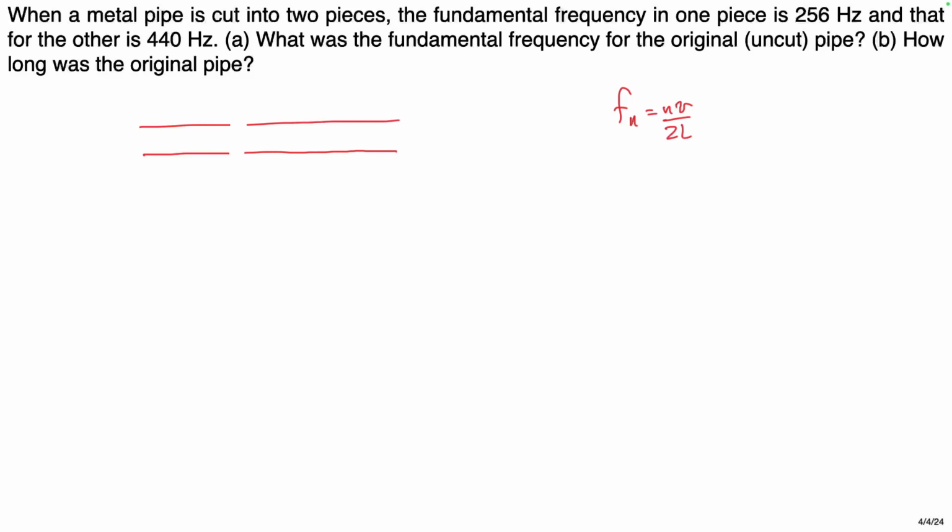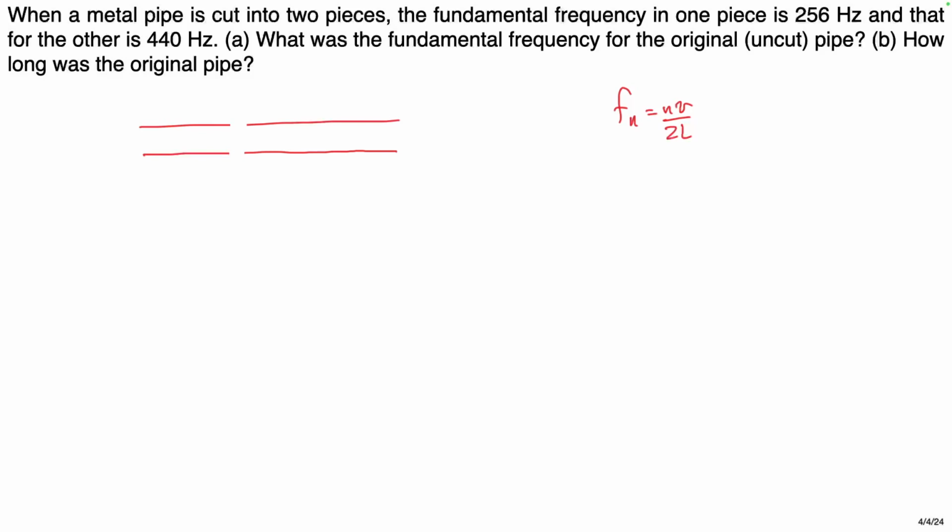The longer, the bigger L gets, what happens to the frequency? Does it go up or down? They're inversely related to each other, so it goes down, right? So which of these two pieces of the pipe, the longer or the shorter one, has the lower frequency? The longer one. Like you just told me, as the length gets bigger, the frequency goes down, right?